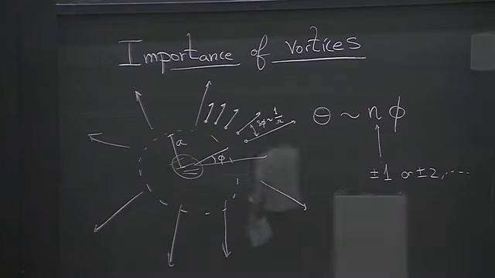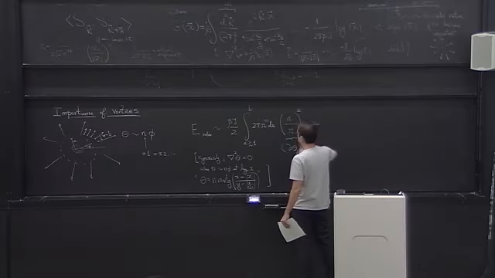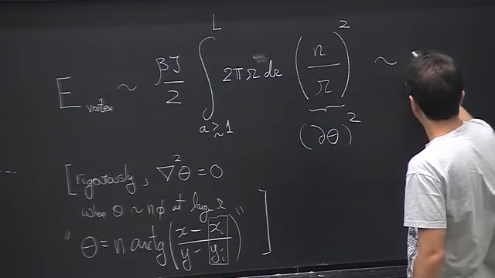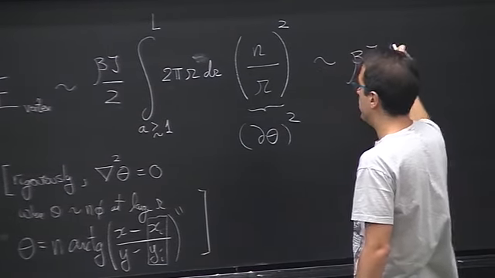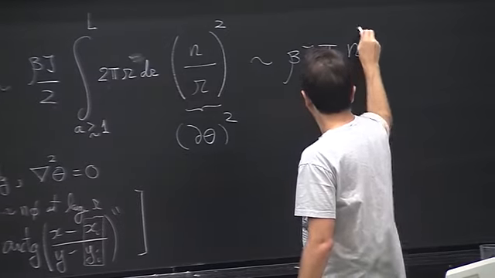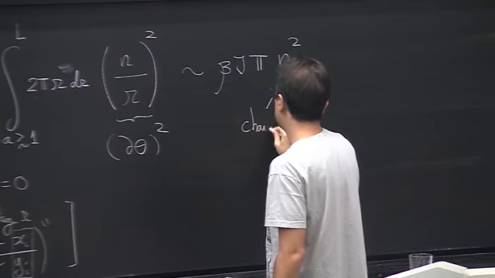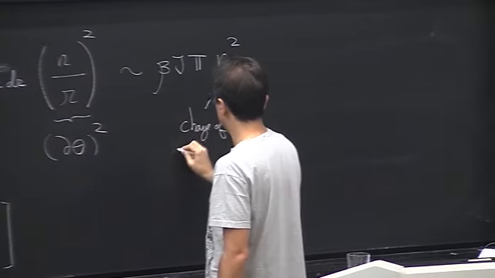But then this is logarithmically divergent, so 2 pi cancels that 2, it gives me beta j pi n square. N is what we call the charge of the vortex.